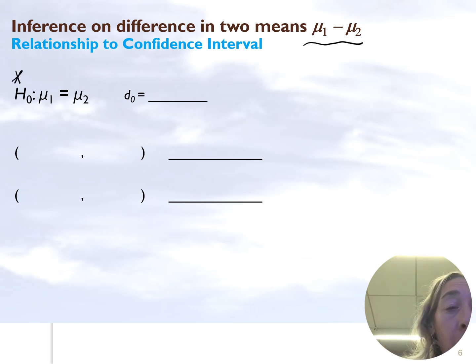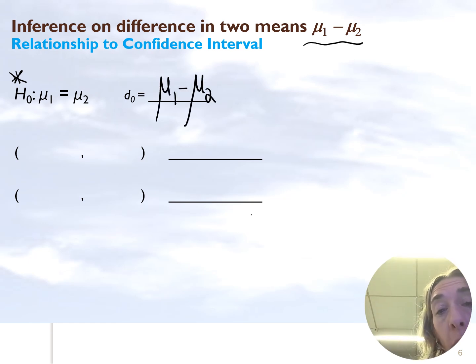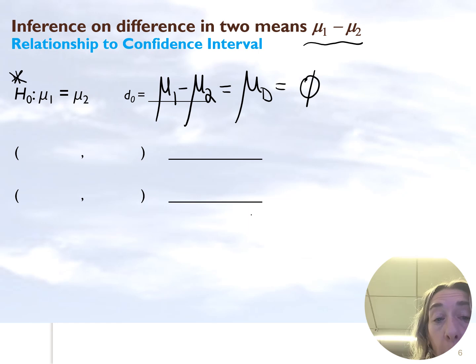Let's say that our hypothesis is that there is no difference in those two means, so our hypothesized difference equal to mu1 minus mu2, and in the case of dependent means, we sometimes label that as mu sub D is 0.